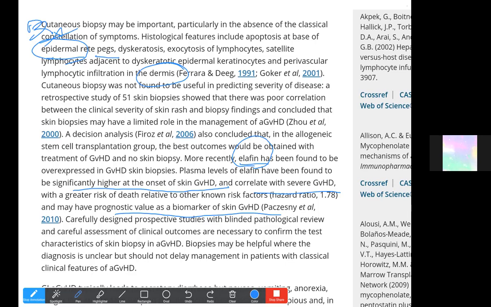Elafin is actually a peptide. It's a skin-derived anti-leukoprotease, so it's also known as SKALP. SK is for skin, and ALP is for anti-leukoprotease.